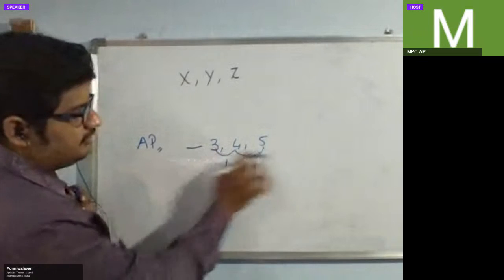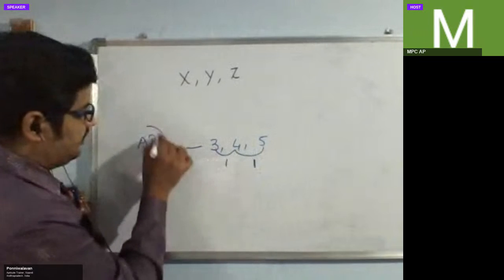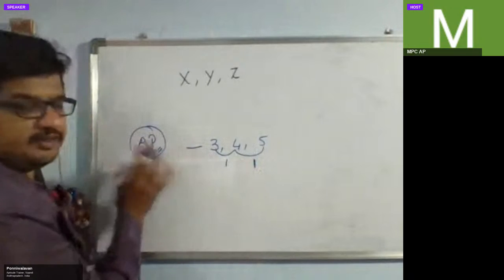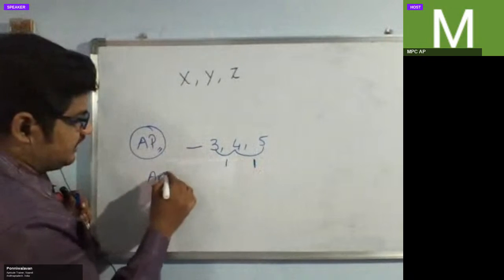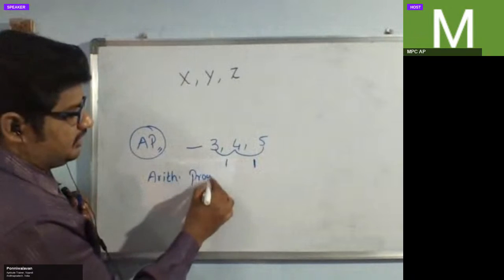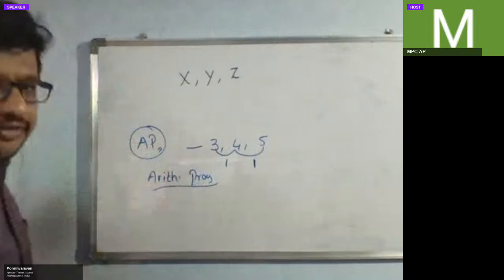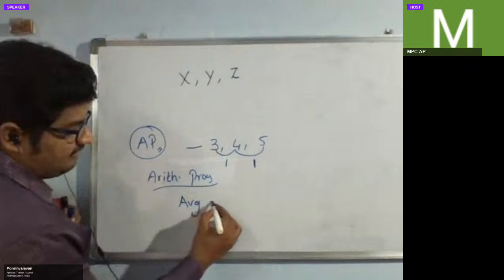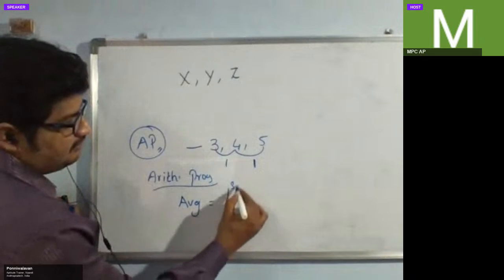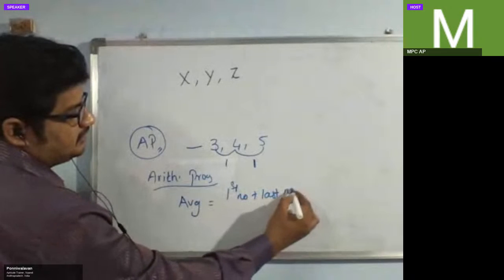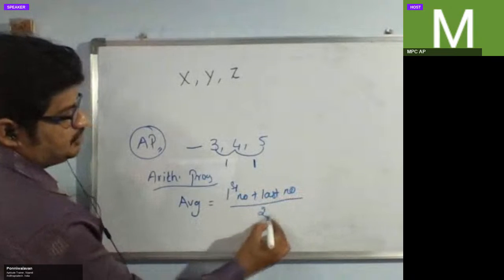If the difference is the same, we call it an arithmetic progression. Okay. Kindly make a note of it. If it is an arithmetic progression, we can tell the average as first number plus last number divided by 2.